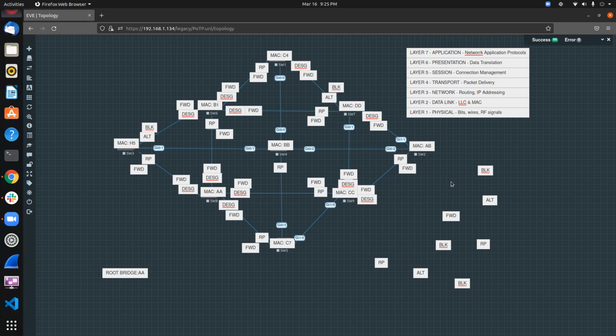Is anything in networking by default? Nothing's by default. Thank you for the correction. So looking at AB forwarding, I will do that next. AB designated forward on GI1/1.